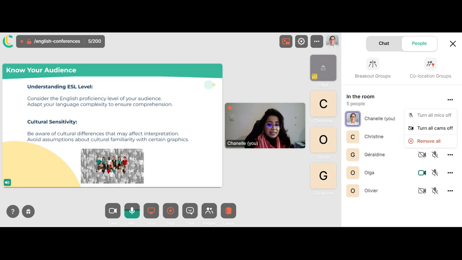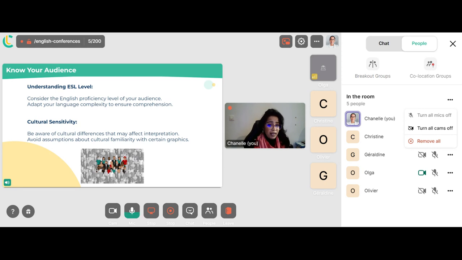We also need to understand the ESL level of our audience. We need to consider the English proficiency level of your audience, if they are speaking English or if they are speaking another language. That's also important. Adapt your language complexity to ensure comprehension. When we understand the proficiency in language of our audience, we are able to adapt the kind of vocabulary and language that we use for that audience.